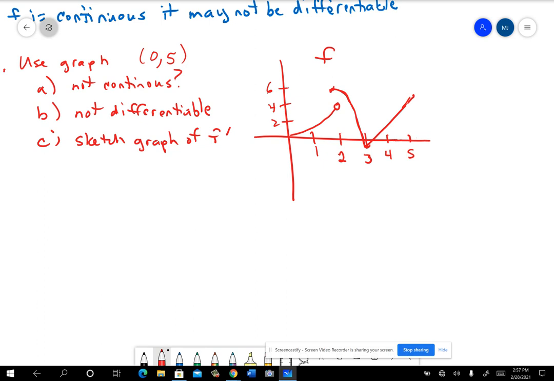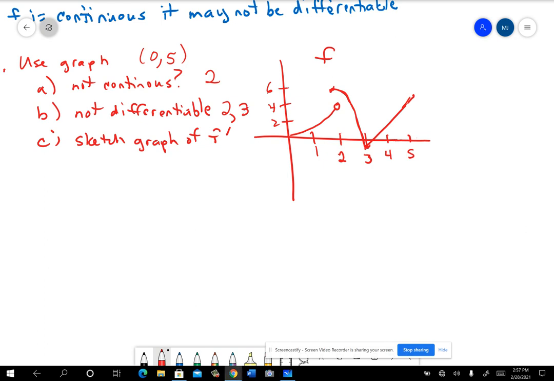So you see it's not continuous only at an x of 2. But it's not differentiable there because the limit wouldn't exist at 2, but it's also not differentiable at 3 because of that cusp. They call that a cusp, that sharp point. So the tangent line looks like it would be different. It's hard to determine the tangent line based on which side you're at.